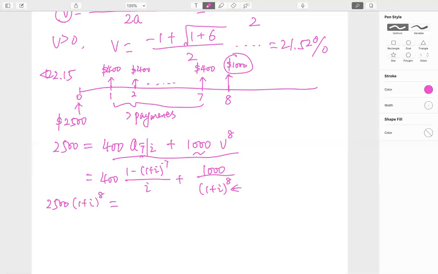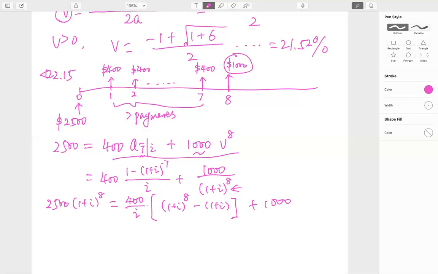Then you will get 400 divided by i times ((1 plus i) to the 8th minus (1 plus i)) plus 1,000.